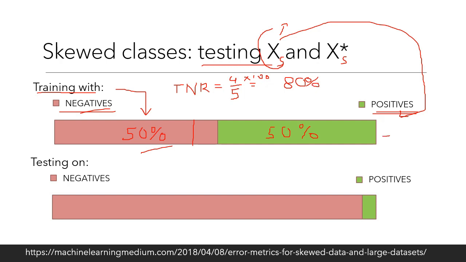And for here, let's see the true positives divided by the overall positives. Let's say that we get, I don't know, 30, or to make it simple, let's get 25. So 25 divided by 50 is 50%, okay?